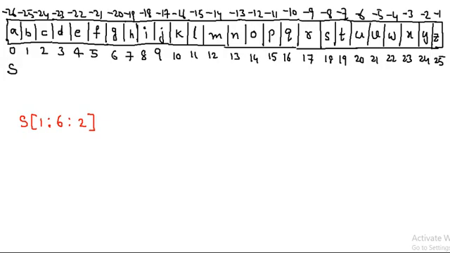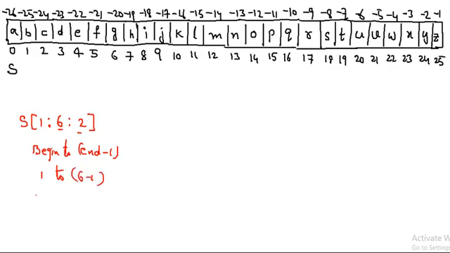So you are starting from begin. Whenever the step is positive, you are going from begin to end minus 1. What is begin? Begin is 1. What is end minus 1? The end index is 6, so 6 minus 1.